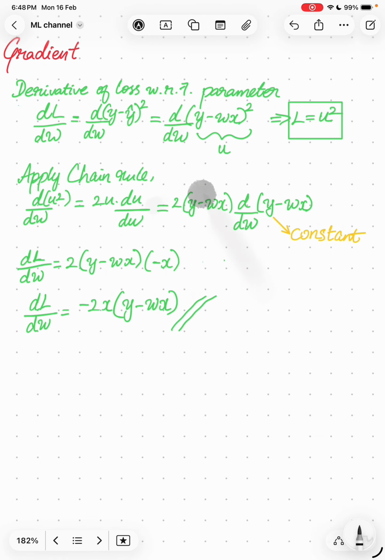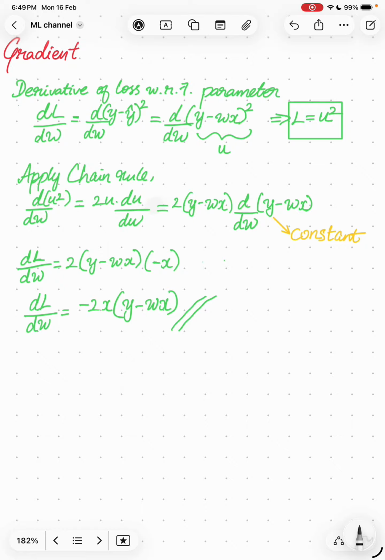So this 2 into (y minus wx) comes here as it is, and since y is a constant, its derivative will become 0, and the derivative of minus wx with respect to w will be minus x, because the derivative is taken with respect to w. So the value of gradient is minus 2x into (y minus wx).